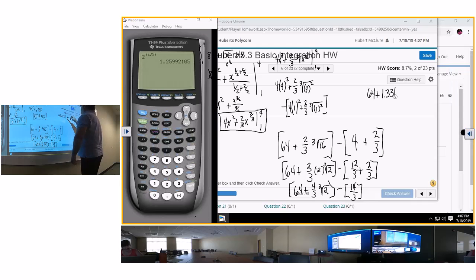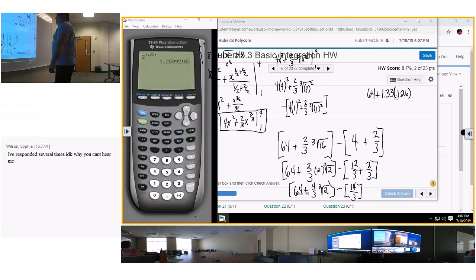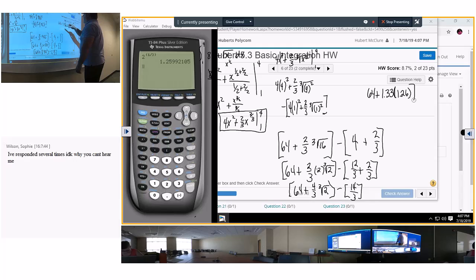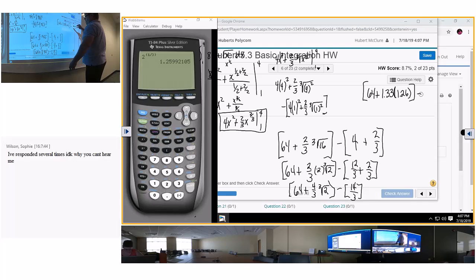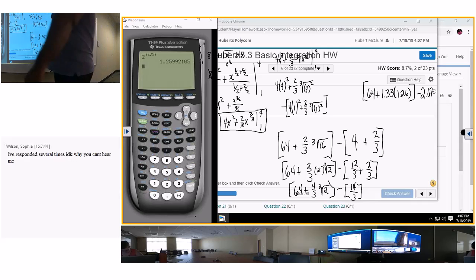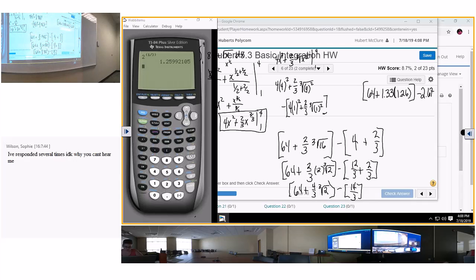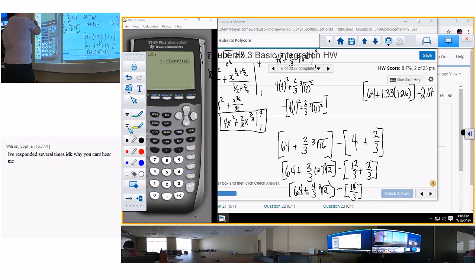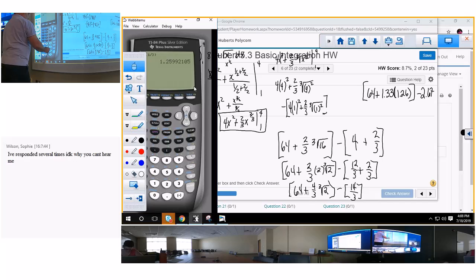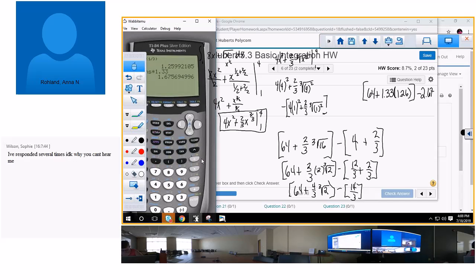I know they want a radical, but now somebody multiply that by 1.33, and we're going to subtract, what I said that was, 2.67. So 1.26 times 1.33 is 1.68.